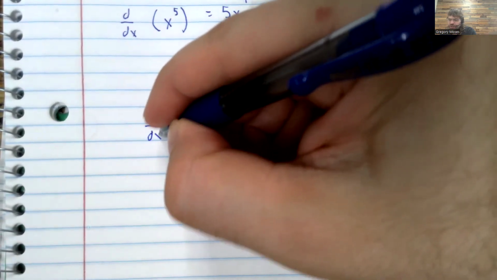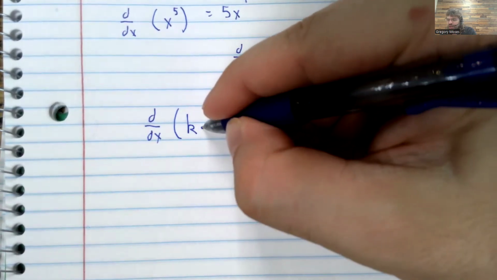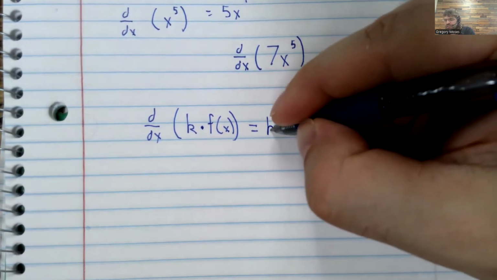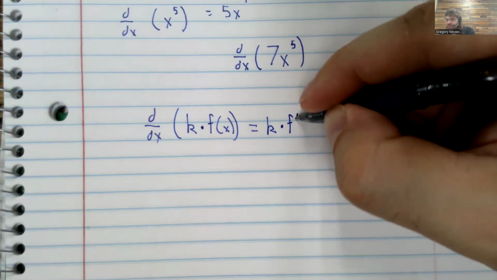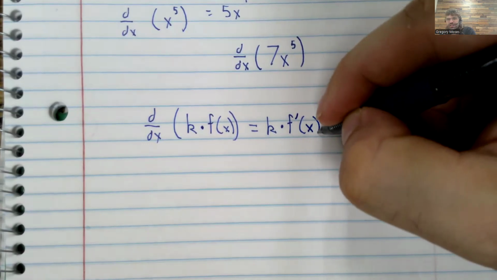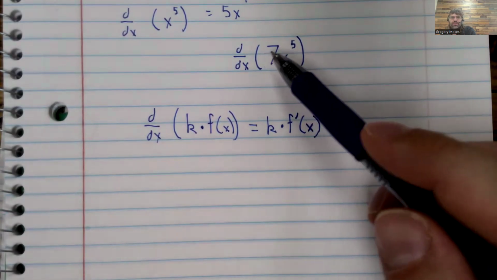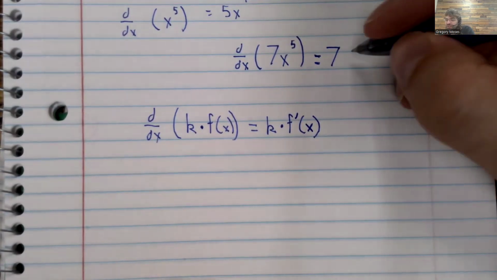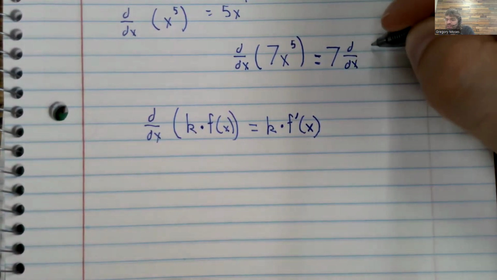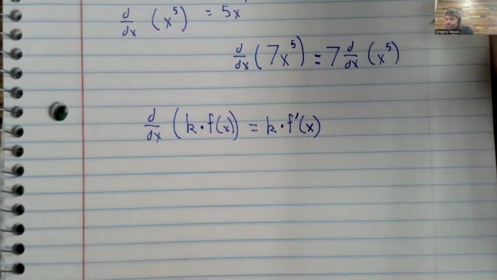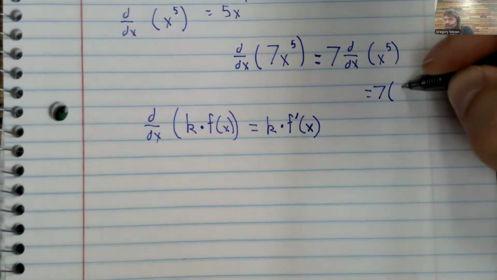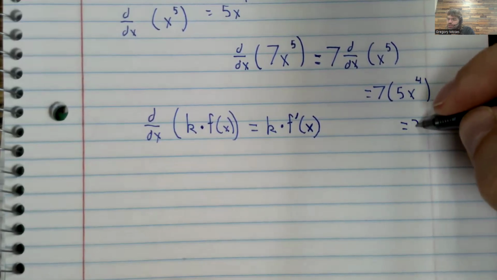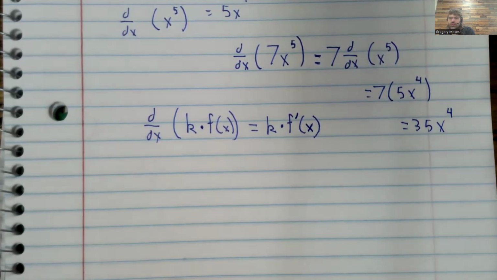The derivative of a constant times a function is the constant times the derivative of the function. What this is saying is that the constant just sort of sits there, and you take the derivative of the function. So we get 7 times the derivative of x to the fifth, which is 5x to the fourth. 35x to the fourth.